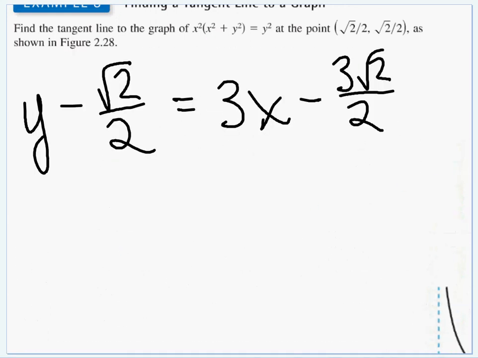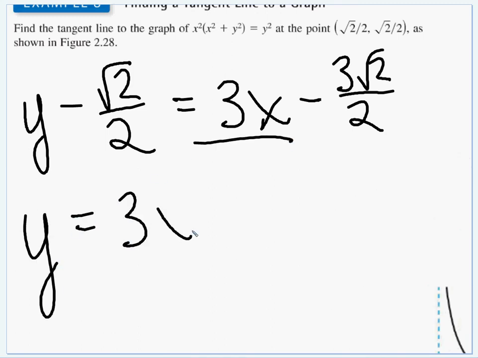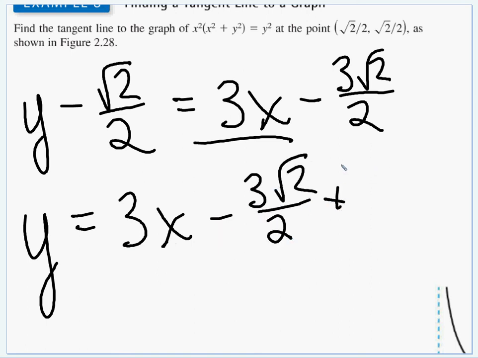And to get y by itself, y equals, we've got a 3x, and then we're going to have a negative 3 root 2 over 2 plus a 1 root 2 over 2. So we can combine those terms. The root 2 is sort of like a variable.